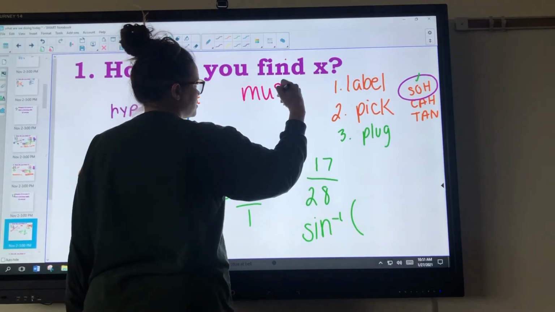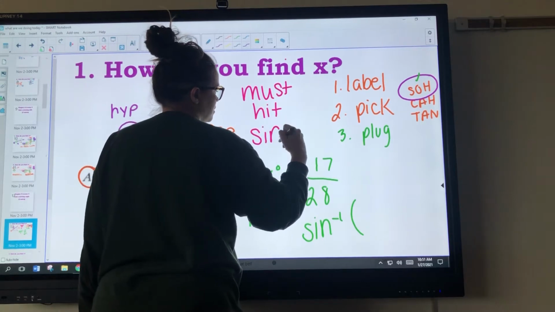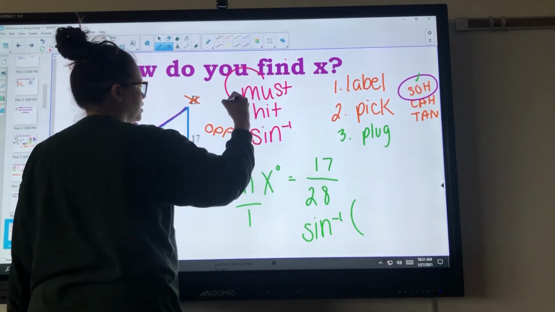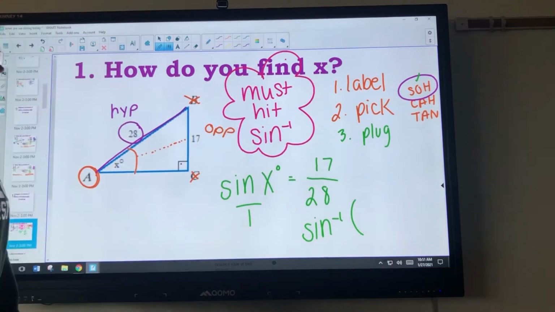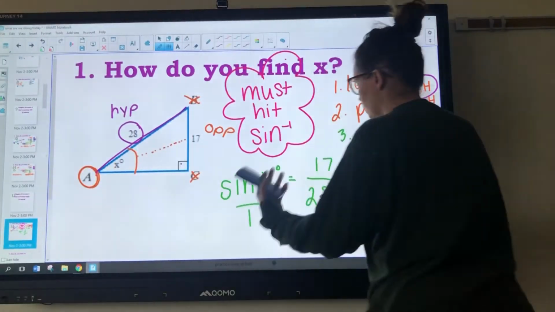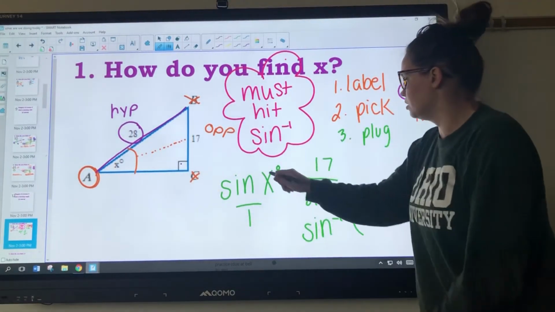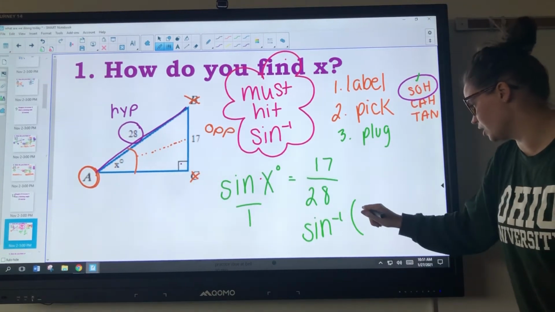You must hit sine with a -1 on it. Put that in your notes somewhere, make a big cloud over it. To find an angle, you hit that button instead of the regular sine button. And it will undo the sine and get the x by itself. And then you just put 17 over 28 right in there.